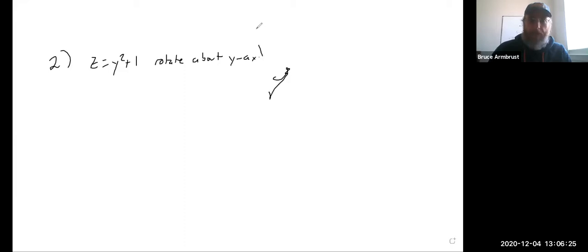All right, so my suggestion with these is always just start with a real quick picture. So we've got z equals y squared plus 1. Here's our z and our y. And we're going to rotate it about the y-axis.